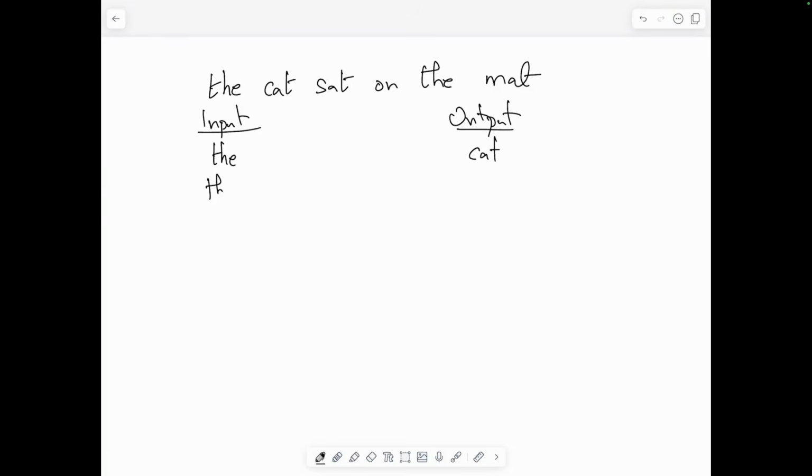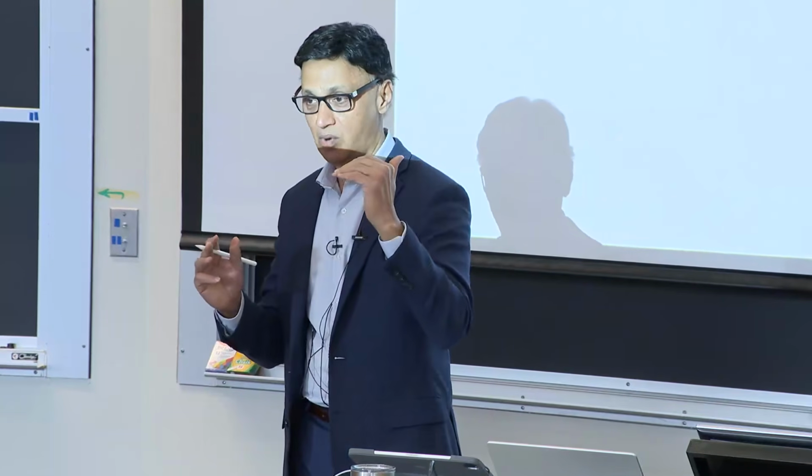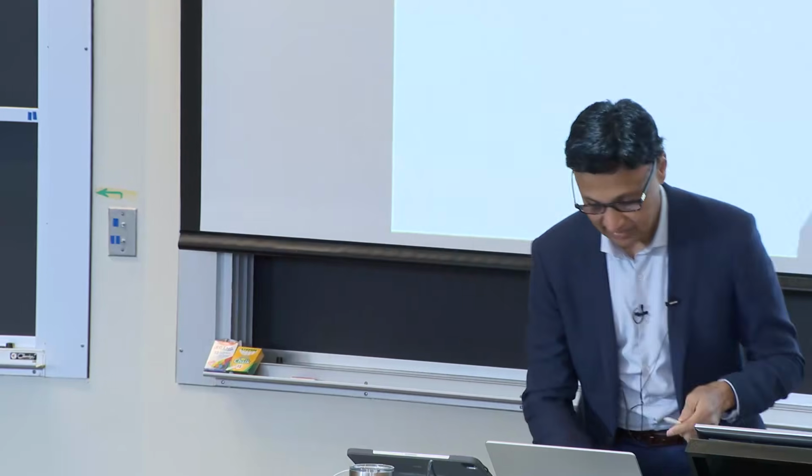Then the input is "the cat," and the output is "sat." Then "the cat sat" and the output is "on," and so on, right? You get the idea. And then finally we have the cat sat on the mat. This is basically what we have, all these inputs and outputs, but we're going to very compactly express it as if it's just coming in as one data point in one batch. And that's what we're doing here.